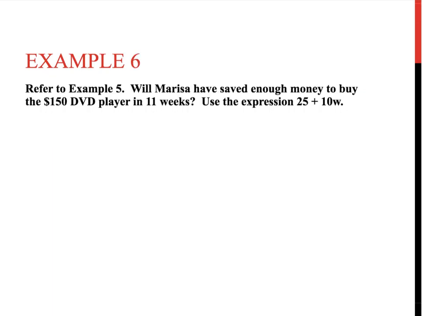So now we're going to use example 5 to do example 6. It says, will Marissa have enough saved money to buy the $150 DVD player in 11 weeks? So if we use that expression, 25 plus 10W, we're going to substitute 11 for the W. So let's go 25 plus 10W.